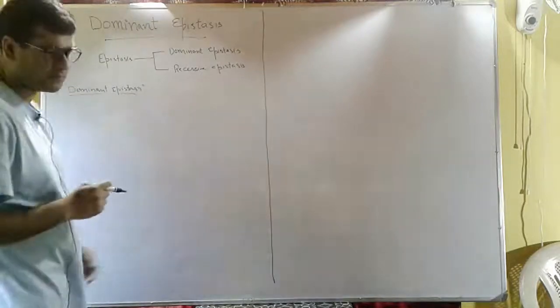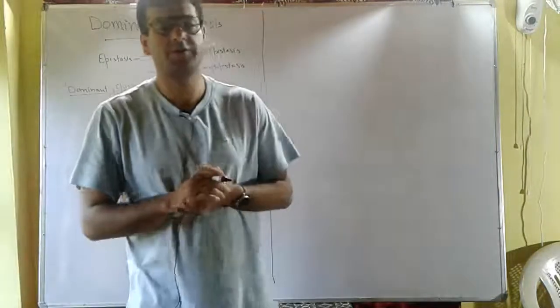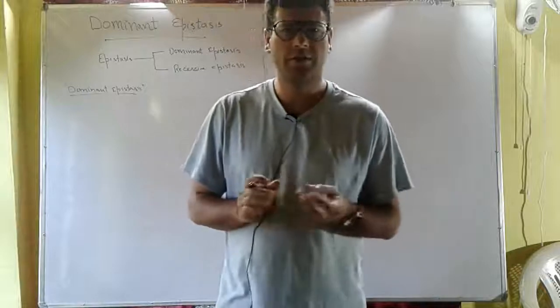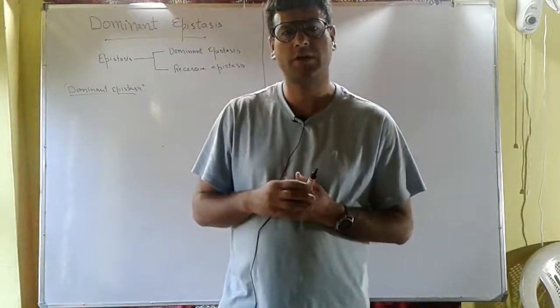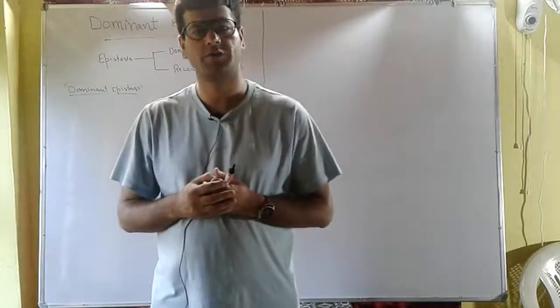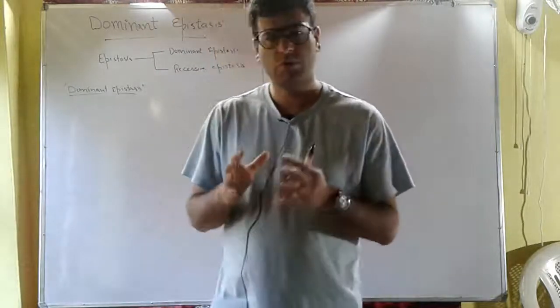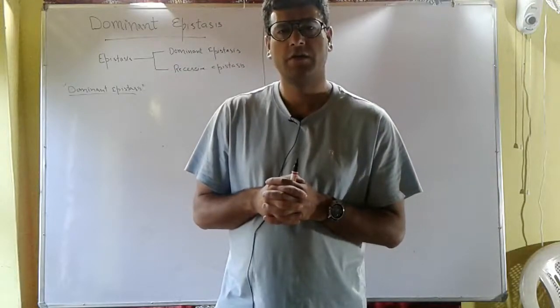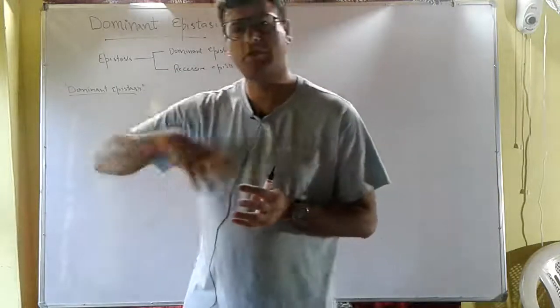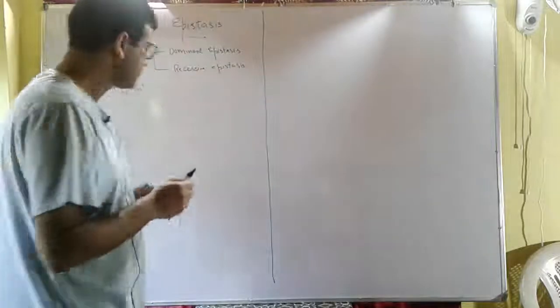In case of dominant epistasis, the dominant allele of one of the genes suppresses the expression of either of the alleles, dominant or recessive, of the other gene. So here it is the dominant allele which suppresses the expression of the other gene.